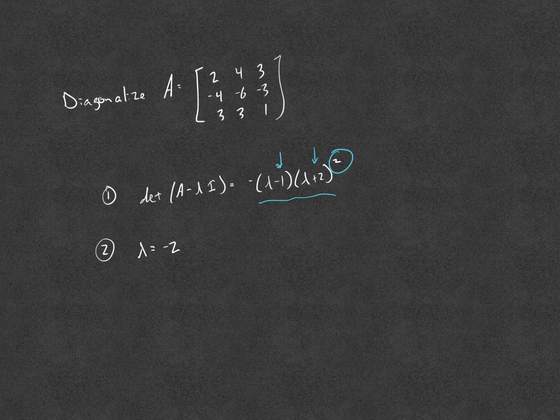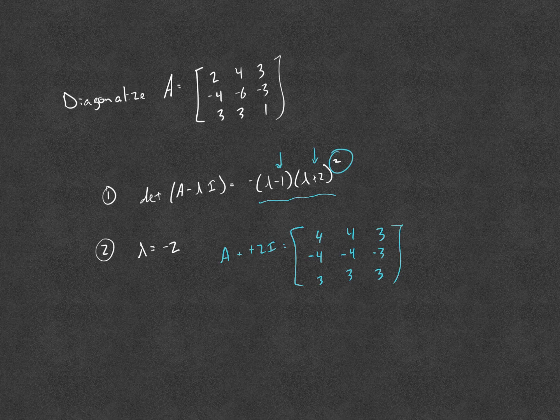But when we try to find eigenvectors for lambda equals negative 2, let's see what happens. So I'm going to take A minus negative 2 times the identity. So we're going to subtract 2 along, or excuse me, add 2 along the diagonal. We get 4, 4, 3. Negative 4, add 2 to negative 6, also get negative 4, negative 3, and 3, 3, 3.